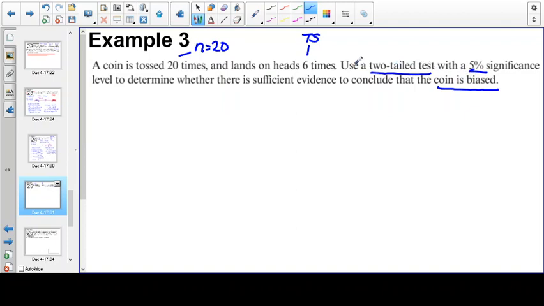Now that question could have missed out that word. It could have just said you do a hypothesis test. You would have had to realise from the wording that it means two-tailed. So just be careful when you read it.